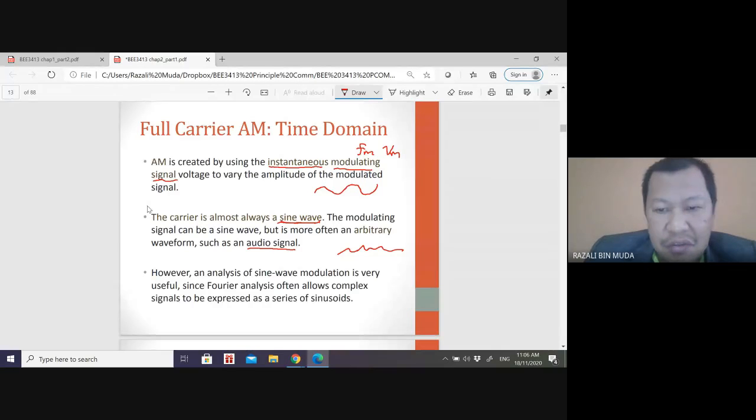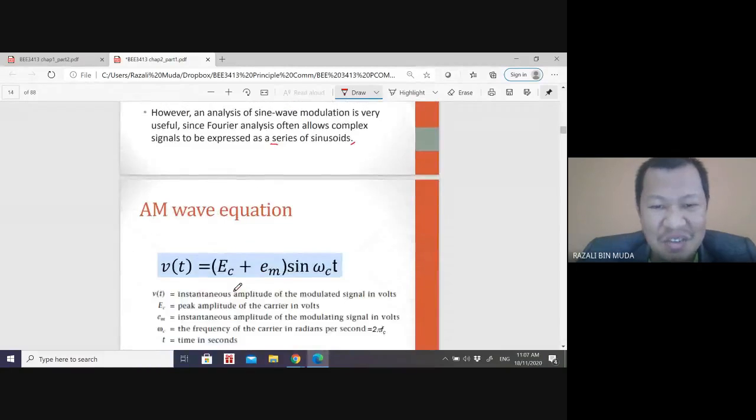However, an analysis of sine wave modulation is very useful since Fourier analysis often allows a complex signal to be expressed as a series of sinusoids. So it says that our voice, although not a sine wave, is actually a complex combination of various sine waves, of various frequency and various amplitude. Combined, they become our voice. But that is difficult, so it takes the easy one, the sine wave.